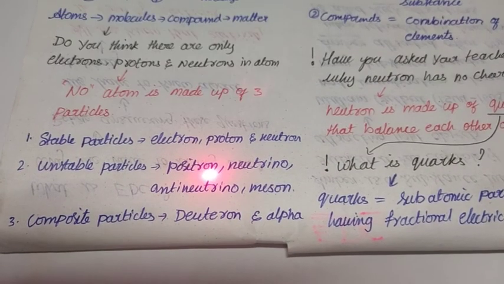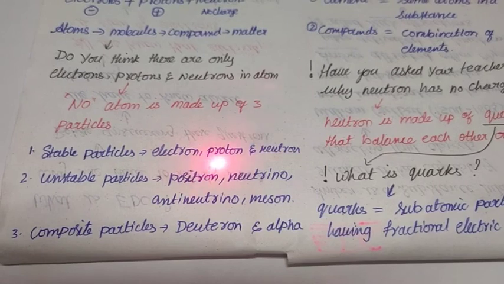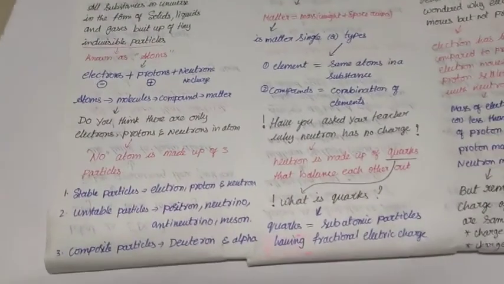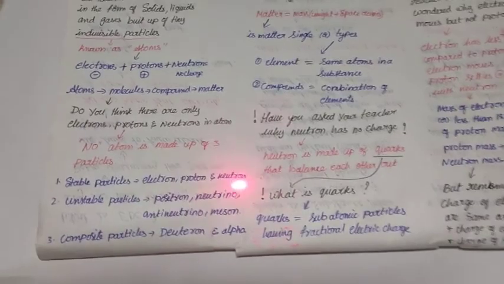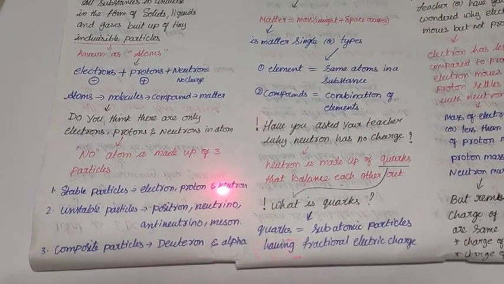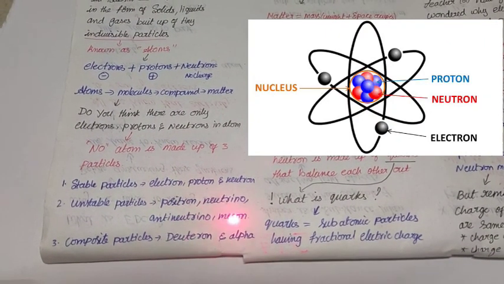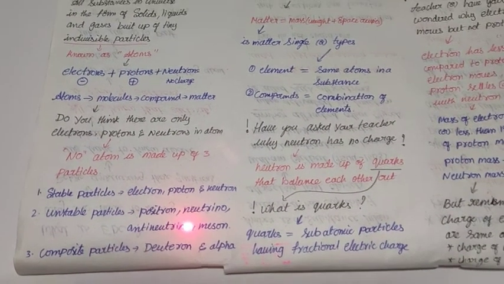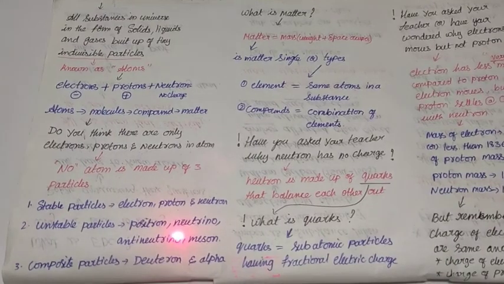These particles don't have much necessity compared to the three main particles. Maybe they provide energy to the main particles. Interested students can read further about the unstable and composite particles and comment below.